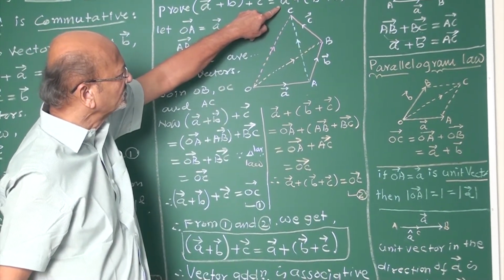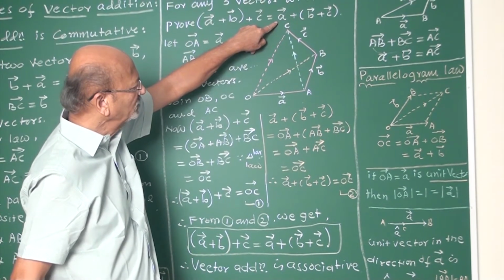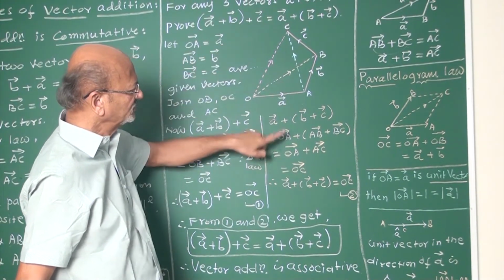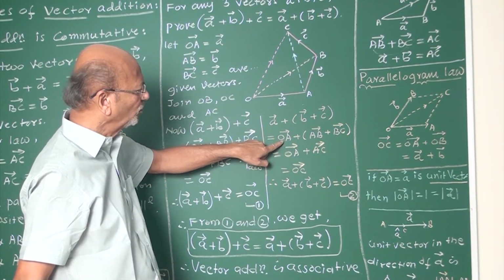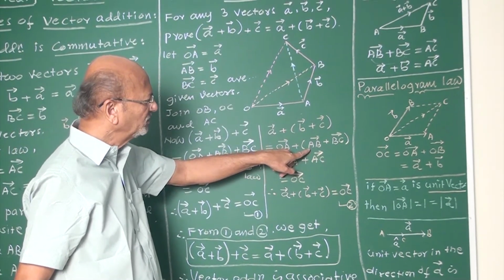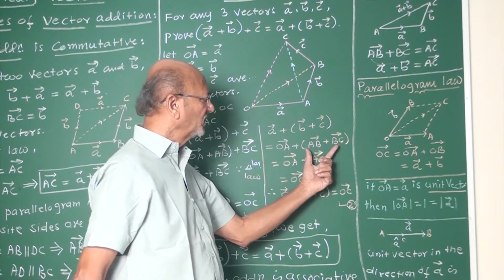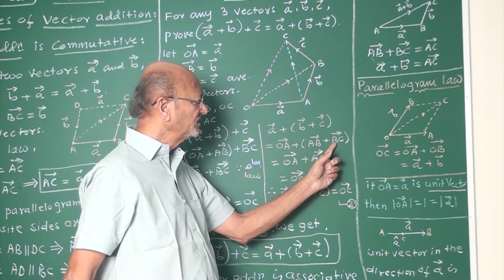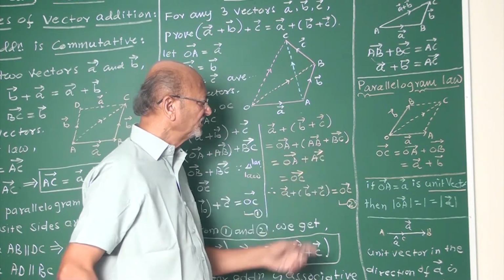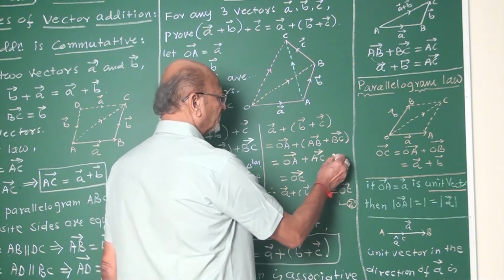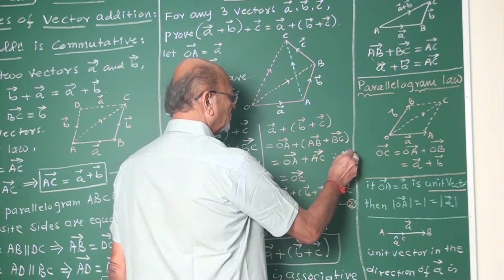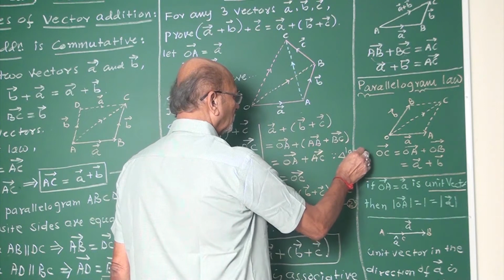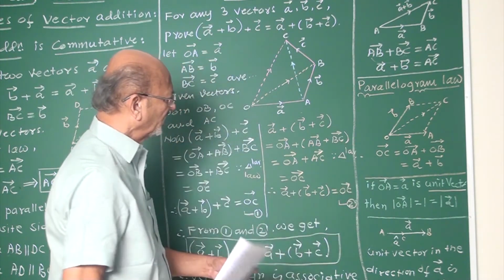Other side, this is the RHS. What is the RHS? Vector A plus vector B plus vector C. Substitute their values: OA plus, in brackets, AB plus BC. Apply the triangular law of addition. Yes, again end and initial the same. It is AC. Once again, my friends, here also it is because of the triangular law. Again, what is this?